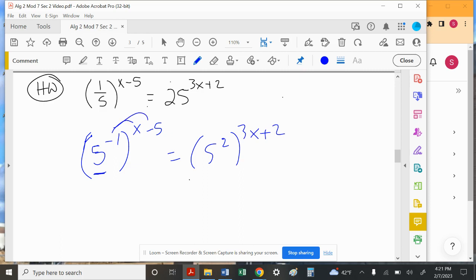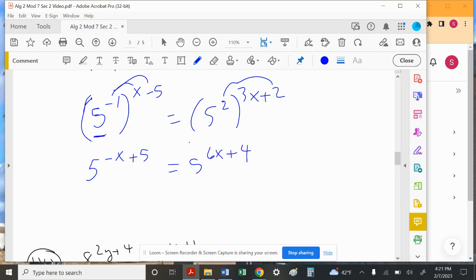Now I can do that multiplication again. So it multiplies across, so I get 5 to the negative x plus 5 equals 5 to the 6x plus 4. I then set those equal to each other. So negative x plus 5 equals 6x plus 4.